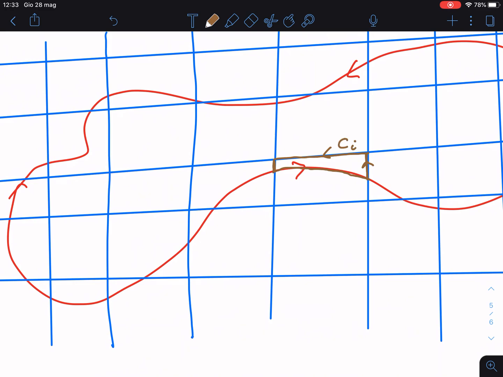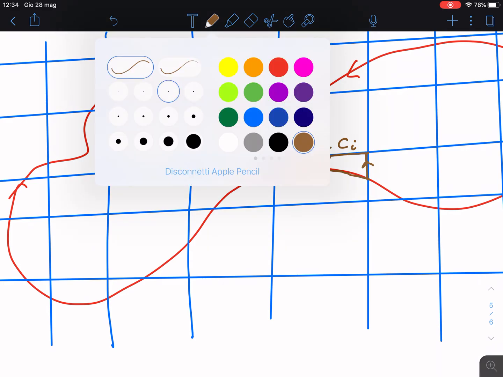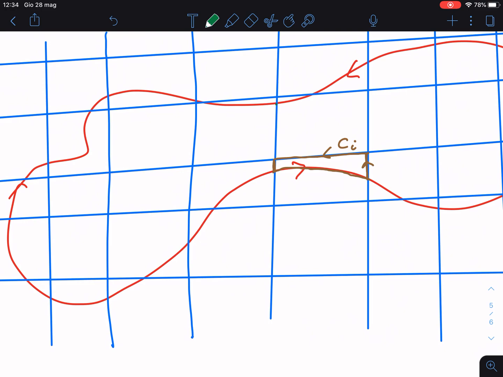Okay, this is another circulation of the field. But then you can imagine also a further circulation on an adjacent circuit, which is again partly on the grid and partly on the original circuit.